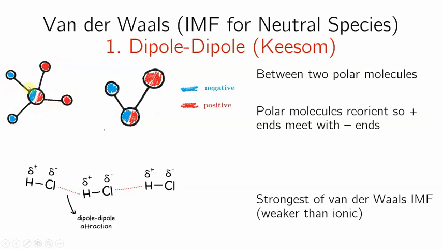They reorient themselves so that the positive and the negative interact because they're attractive. This is known as dipole-dipole attraction, also known as Keesom. This is just your enrichment. It's the strongest of the van der Waals forces, but it's still weaker than ionic.